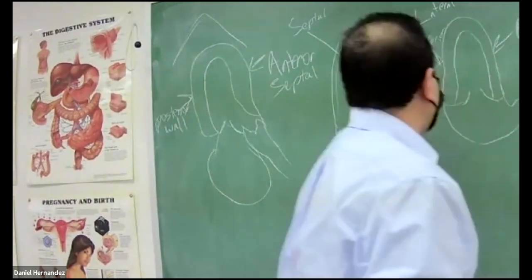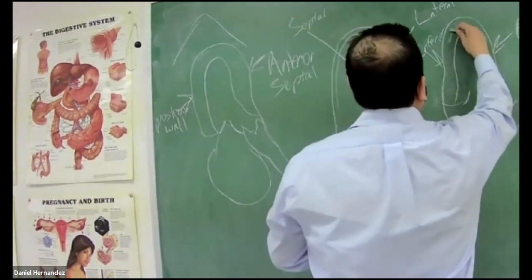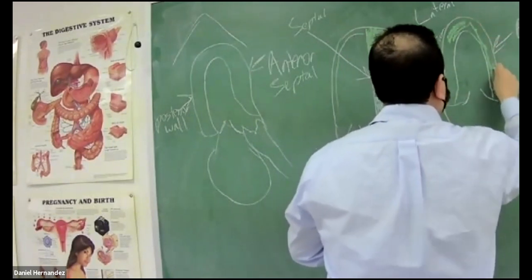And when I get into my 2-chamber view, a large section of it is just going to be the left anterior descending.